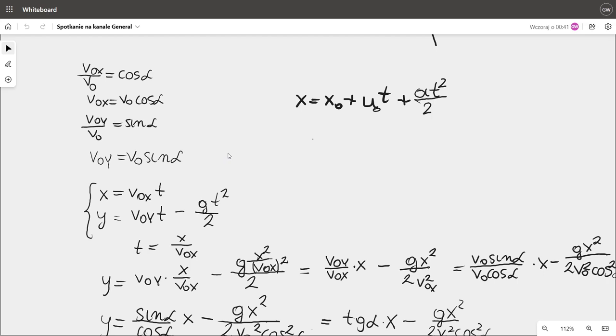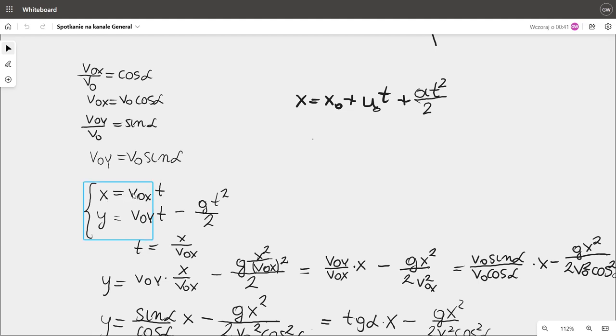For the x-axis, x0 and a are equal 0, and u0 is equal plus v0x. So the equation of motion in the direction of axis x looks like this.